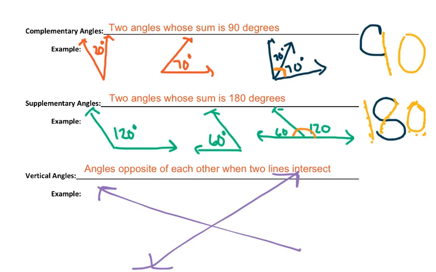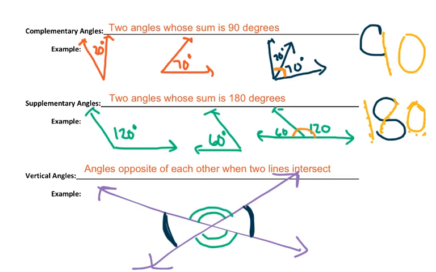And then vertical angles are opposite of each other. So if I talk about this angle right here, the angle opposite of it is this one over here. So those are vertical angles. Another pair of vertical angles, this one, and opposite of it is this one. So that's another pair of vertical angles.